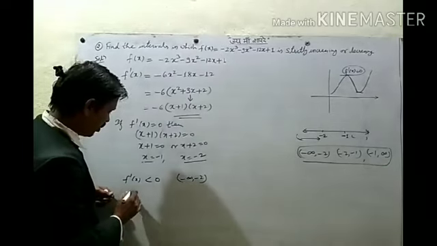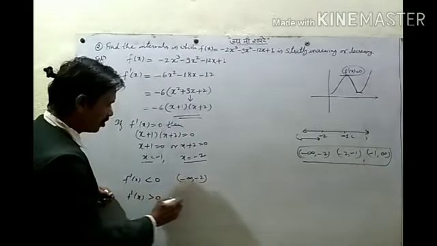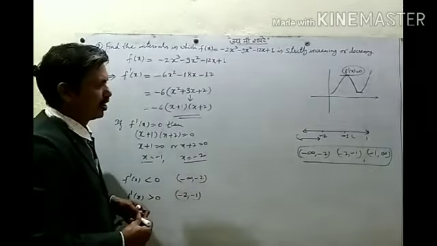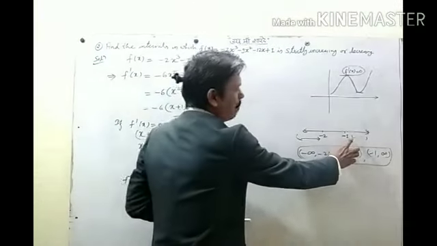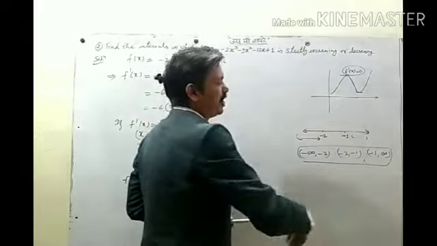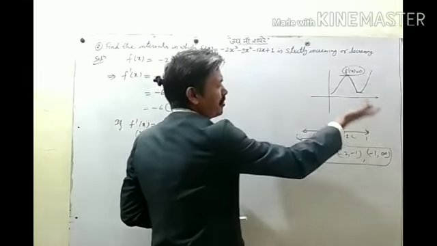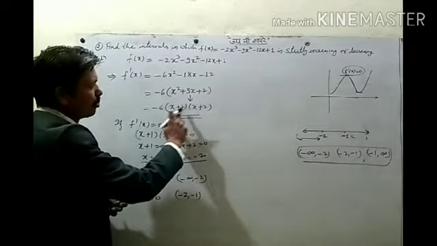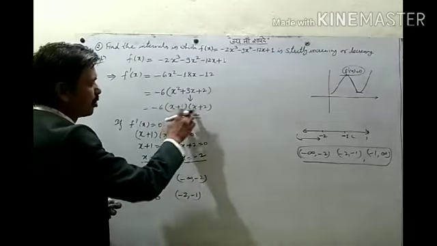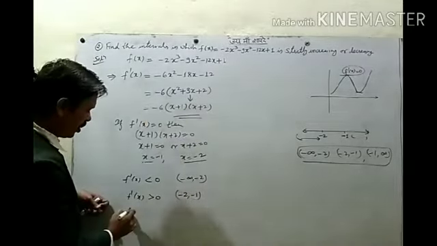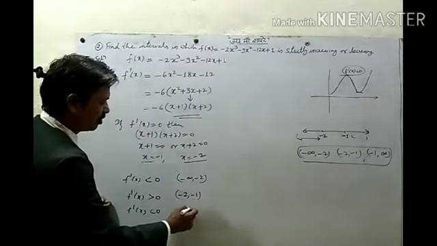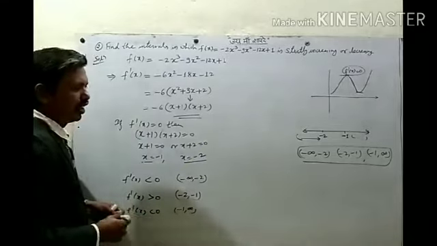So f dash of x is more than 0 in the interval minus 2 to minus 1. Then the third interval, minus 1 to positive infinity: take any one point, suppose 0. 0 plus 1 positive, 0 plus 2 positive, positive, positive, negative. So f dash x is negative in the interval minus 1 to infinity.